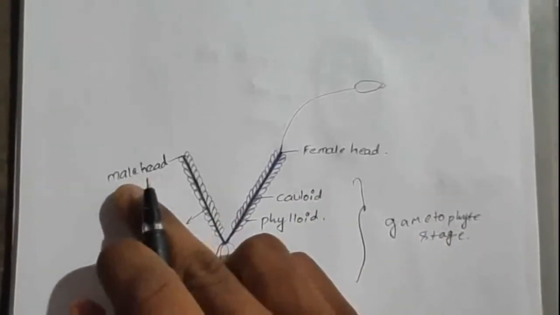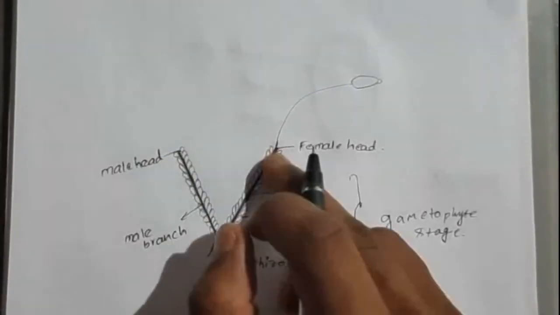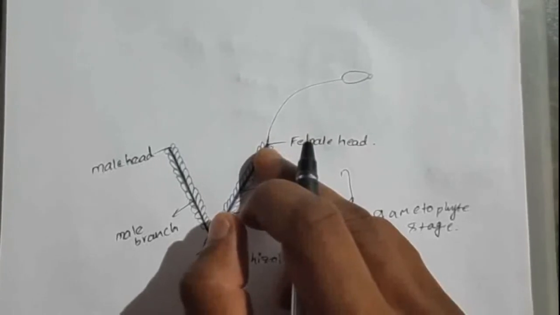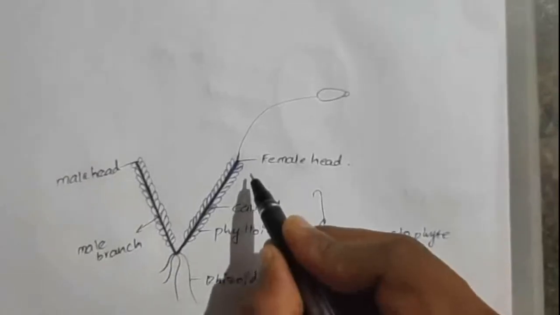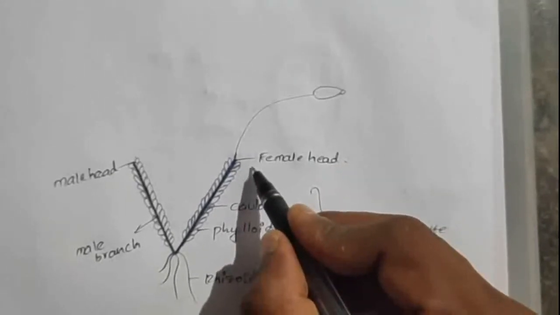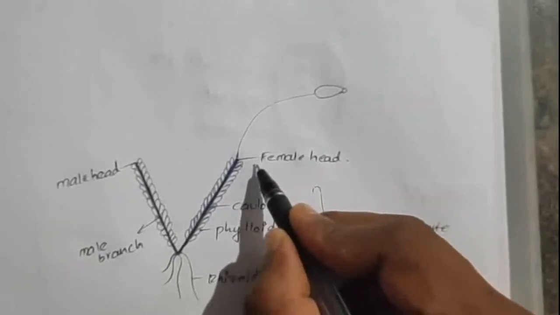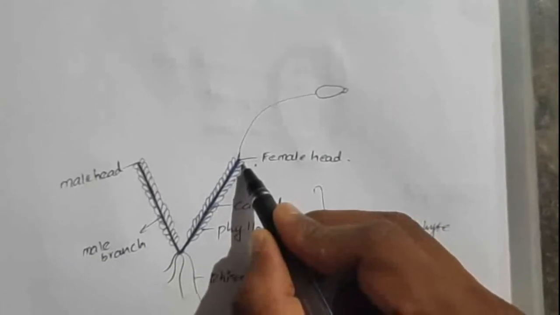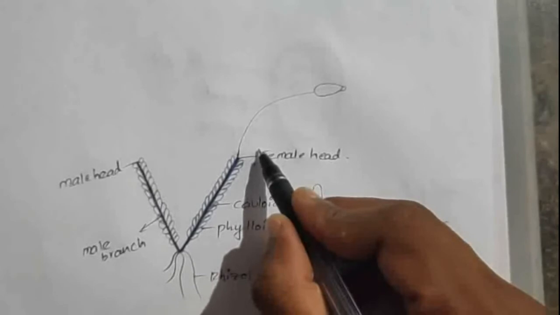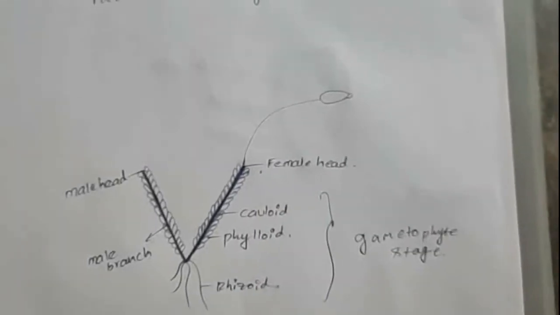On the male head, the male sex organs are developed, and the male gametes are transferred to the female head. After fertilization, the zygote is formed. This zygote develops into a sporophyte. The sporophyte always develops on a female head because fertilization takes place on the female head and the zygote is formed there. So the sporophyte is always formed on the female branch.